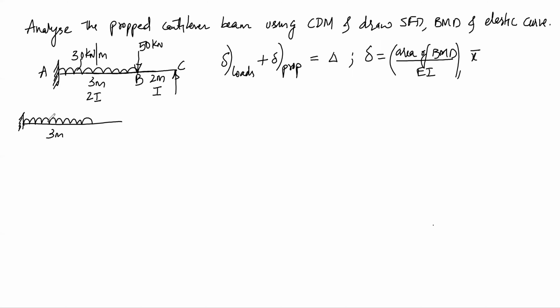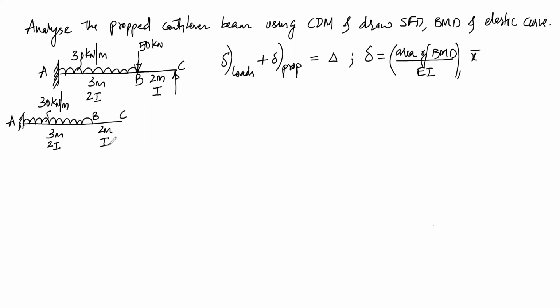This is 3 meters. This is 30 kilonewton per meter. This is point A, point B and point C. And the flexural rigidity for AB is 2I, and for BC it is 2 meters and flexural rigidity is I.